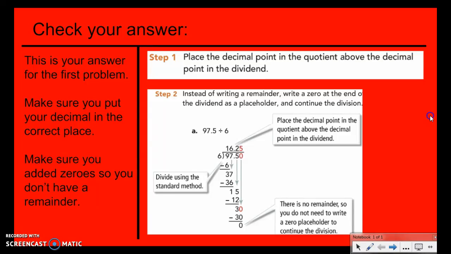Sometimes you're not going to get the 0, but in this instance you will. So it says right here, place the decimal point in the quotient above the decimal point. Divide using the standard method, and there is no remainder, so you do not need to write a 0 placeholder to continue the dividend. So you only need 1 0 placeholder. Okay?